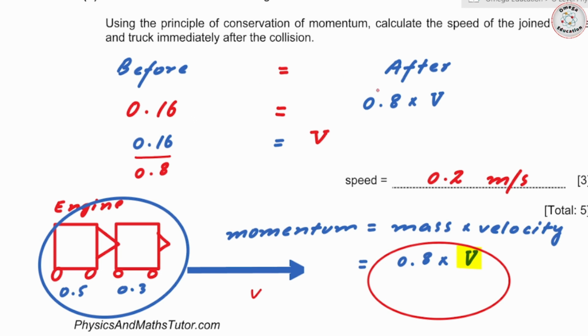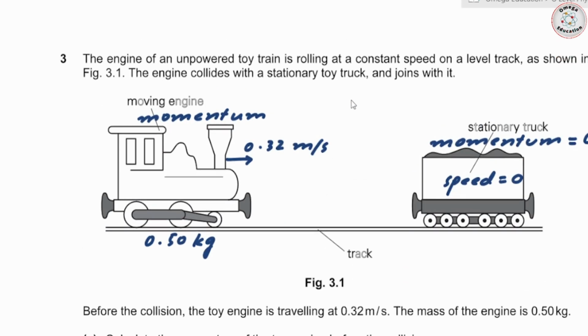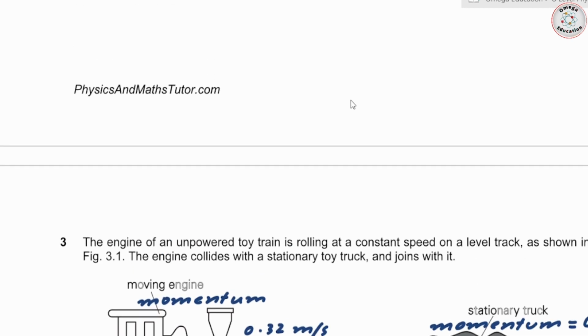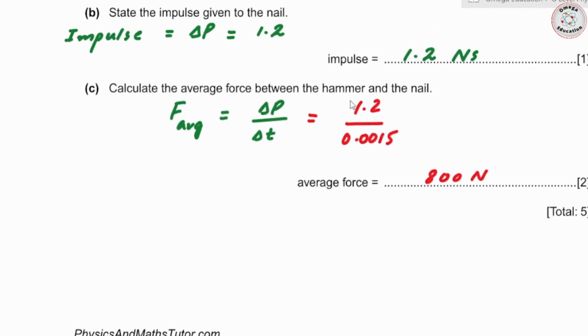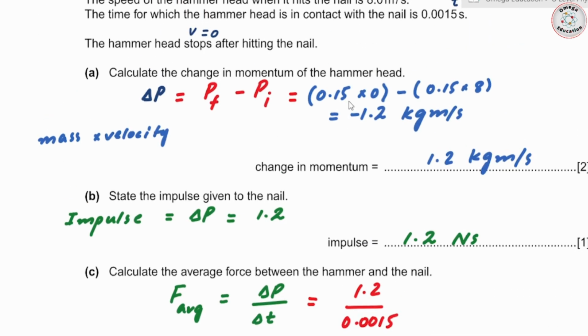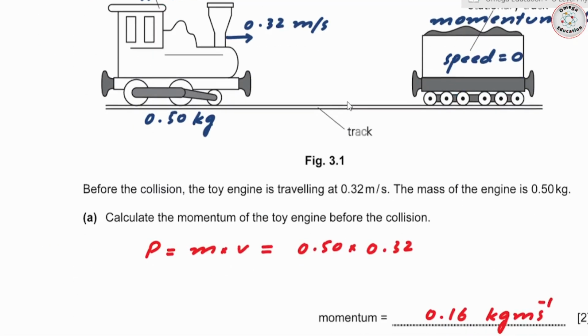The other value is not a numeric value, it's an expression, and we can find the unknown quantity from there. So these are the different kinds of questions that you can get from this topic. Finding impulse, finding momentum, finding the average force, finding the change in momentum, finding the deceleration, and applying the law of conservation of momentum.